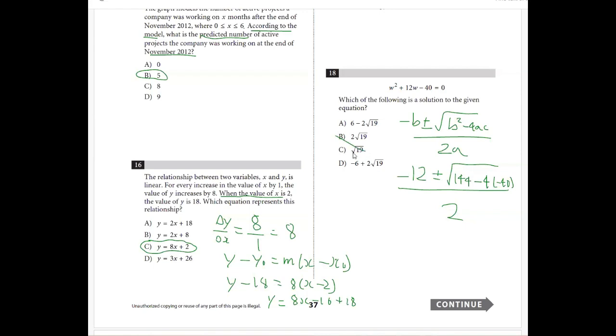B and C are obviously no, because I need the -6 outside here. And whatever this is, divide by 2. Because we have a -6 in front here, and answer choice D has a -6 as well, that's why D is correct. A is wrong because over here, this is a -6, not 6. So A is also wrong.